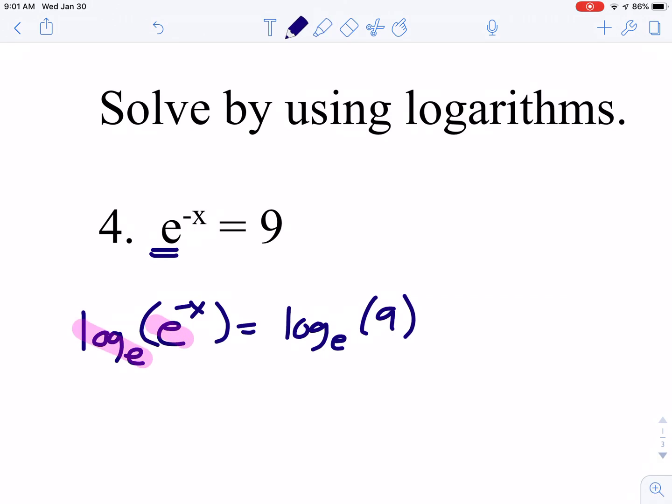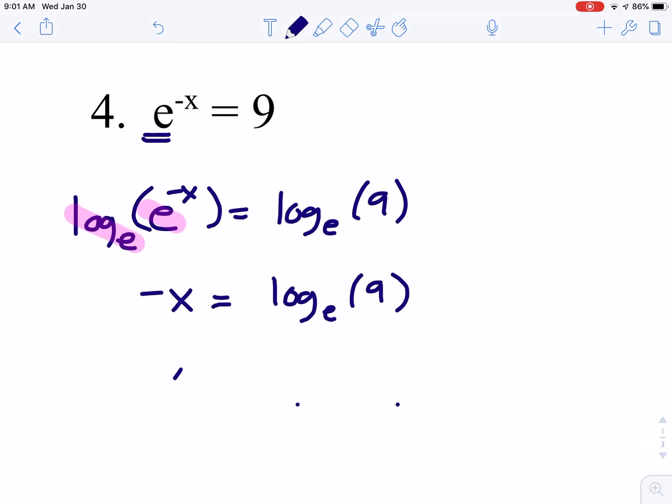So to get rid of a base, you just take log base whatever base you're trying to get rid of. So this gives you negative x equals log base E of 9, which means x equals negative log base E of 9.